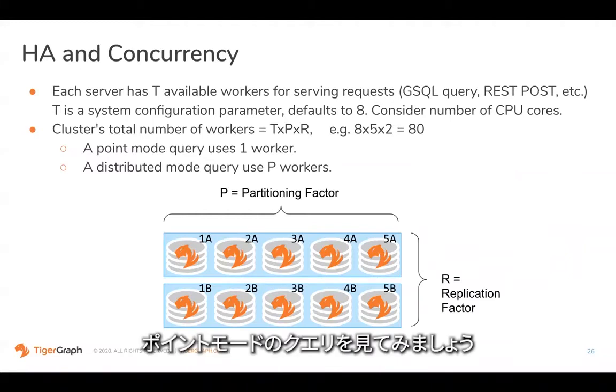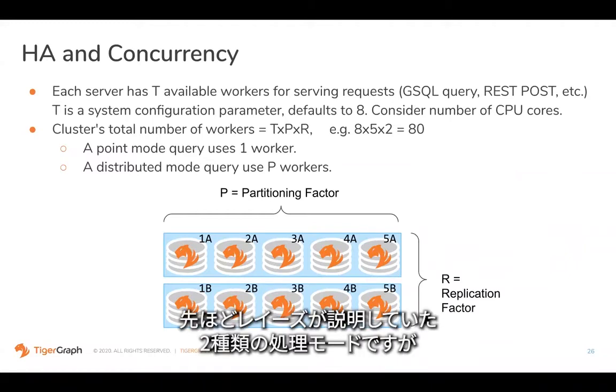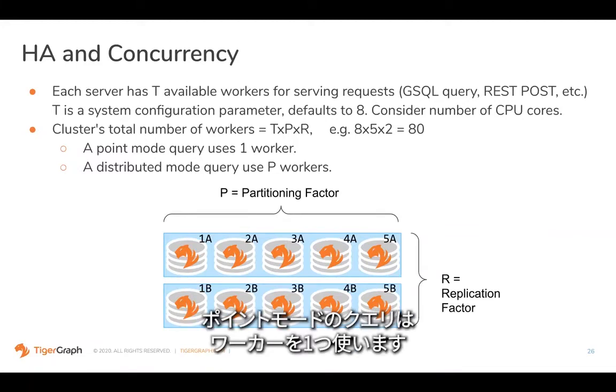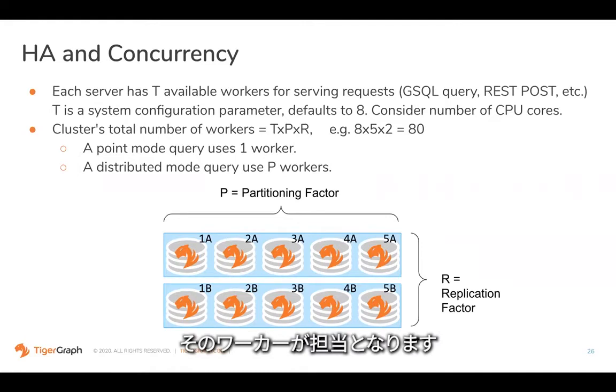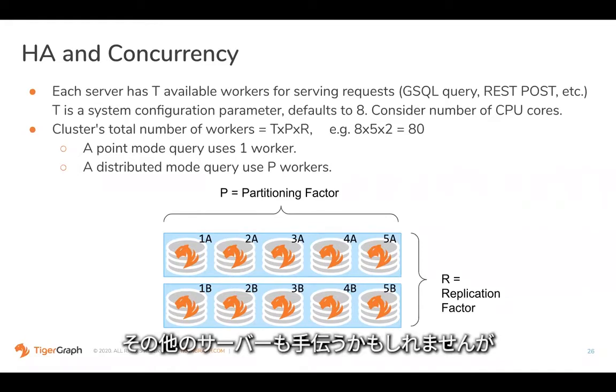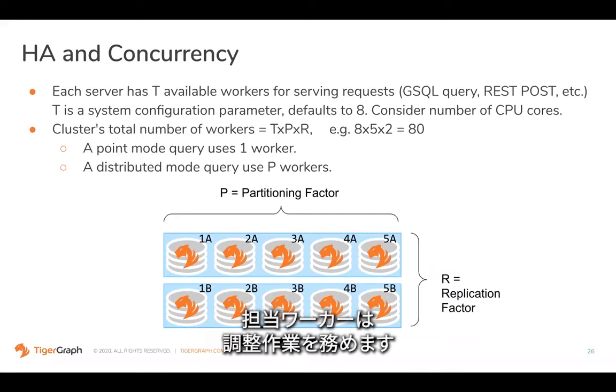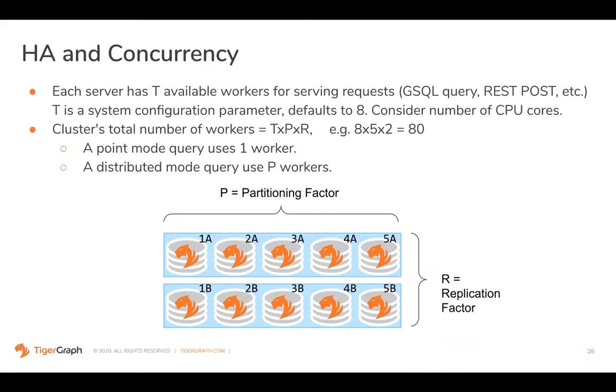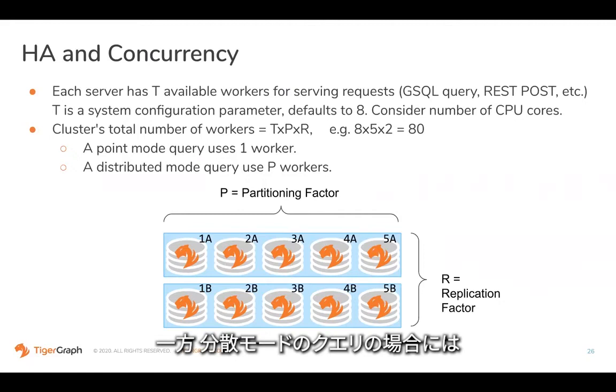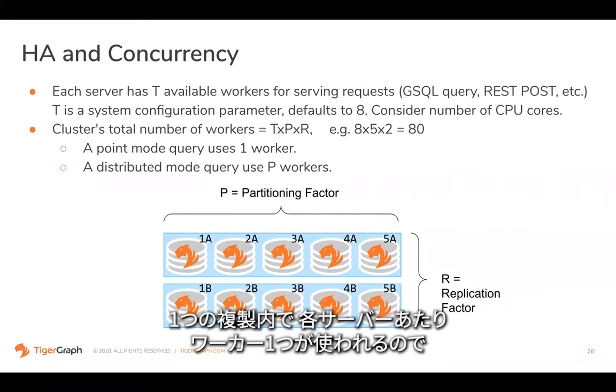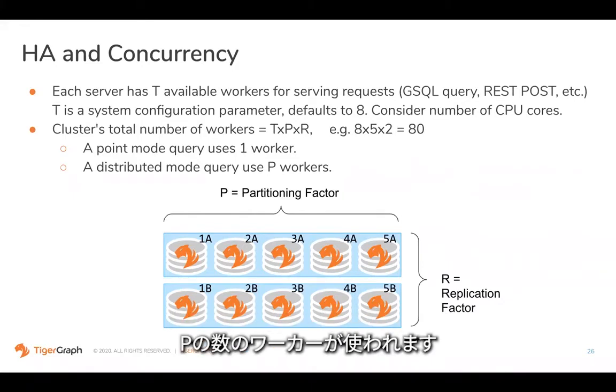A point mode query, when Reyes earlier was talking about the 2 processing modes for queries, uses 1 worker. The worker has to be in charge. Other servers may assist, but we're referring to who's doing the coordination work. A distributed mode query, on the other hand, uses a worker on every server across one replica, so it's using P workers.